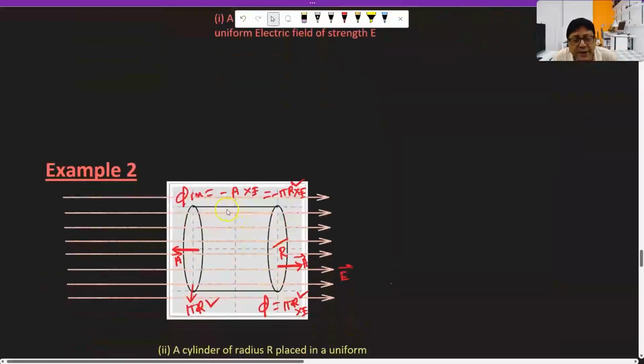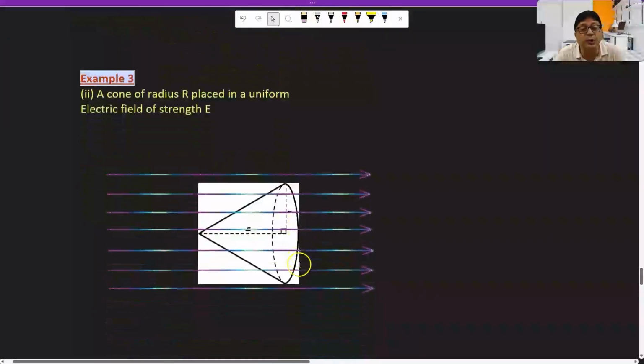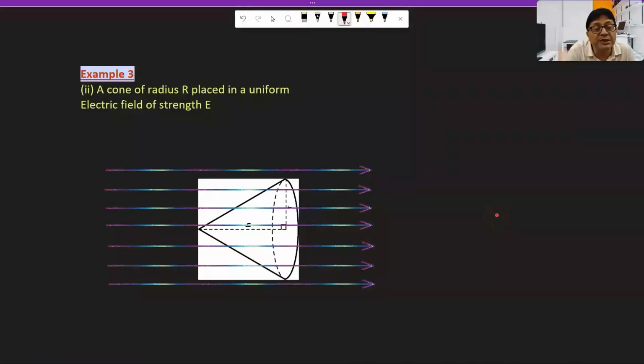Here also along the curved surface no flux linkage because electric field is directed that way. So how do I account for this? Here it is going through these two only. But in the case of cone, what will you do? Because it is intersecting this curved surface also, then what to do?